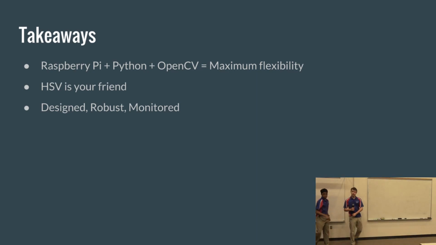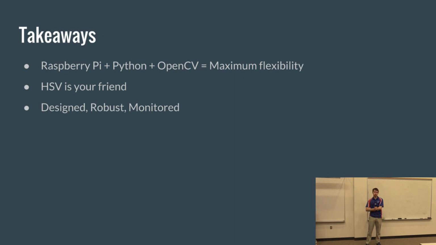In summary, basically, the conclusions we came to after last season of working on the system: in our opinion, the best way to do vision processing is a Raspberry Pi or another coprocessor combined with Python or OpenCV. It provides you a lot of flexibility, a lot of options. You can do a lot with it.